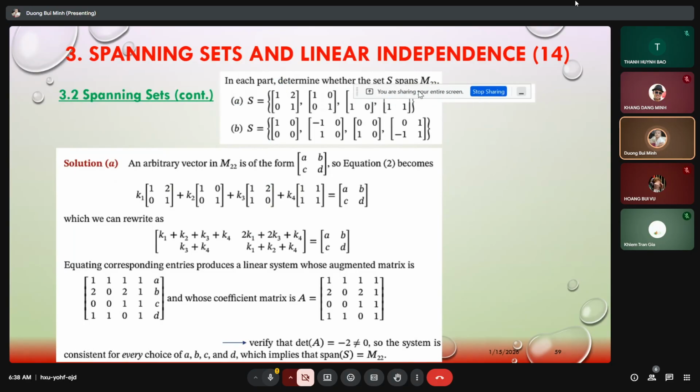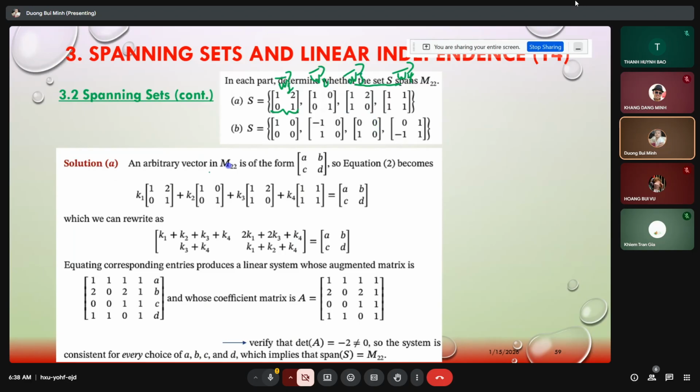We have more example. Determine whether the set S spans the matrix of two rows and two columns, right? We say this one is vector W1, this one is W2, W3, and W4.